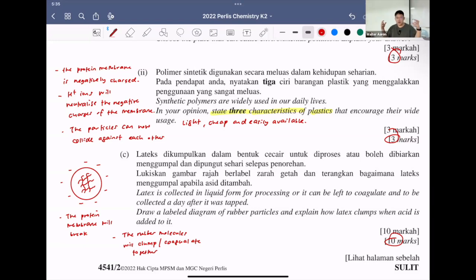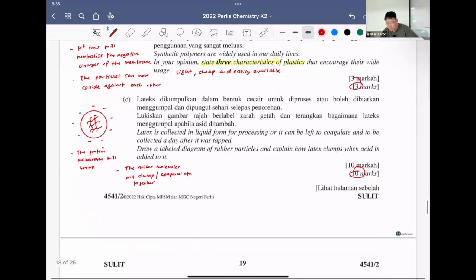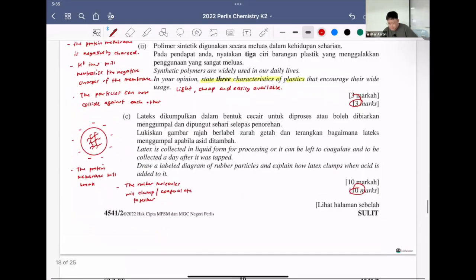And then after that, when the protein membranes come close to each other, they won't be able to repel anymore, but they'll collide with each other head on, and then you'll crack the membrane. And then after that, the rubber molecules will come together, clump with each other, coagulate together, and then it will be solid after that. So that question itself will give you 10 marks in total. Okay.